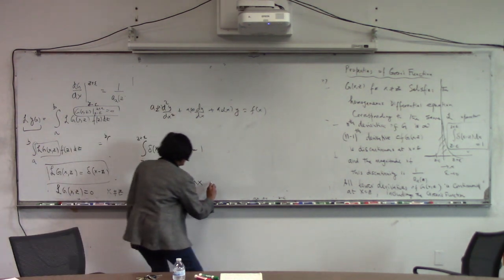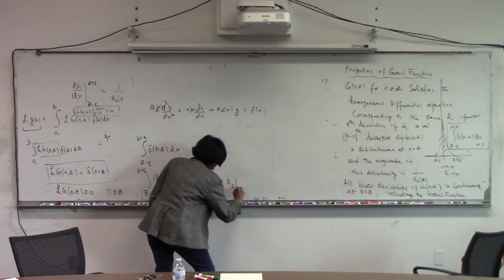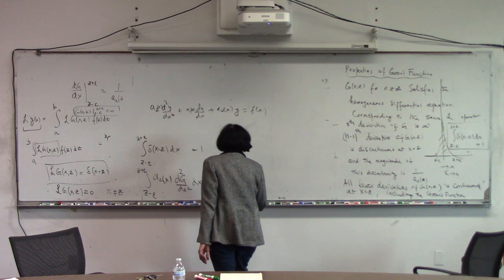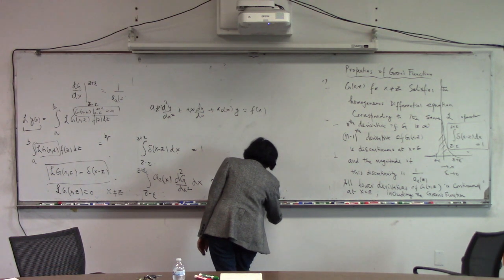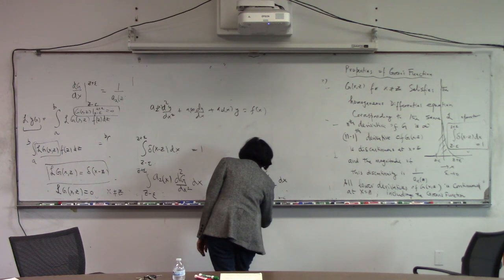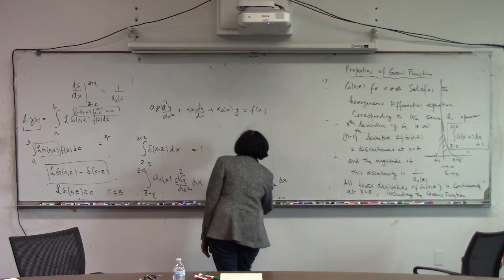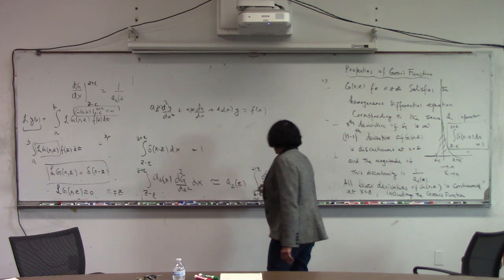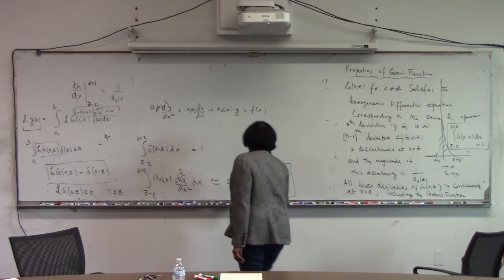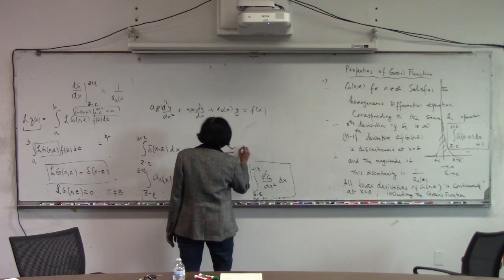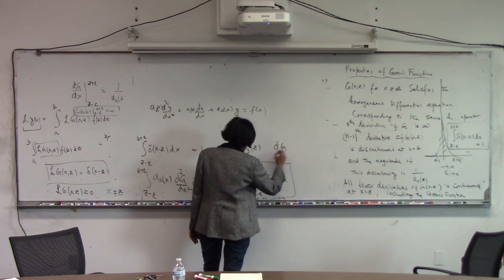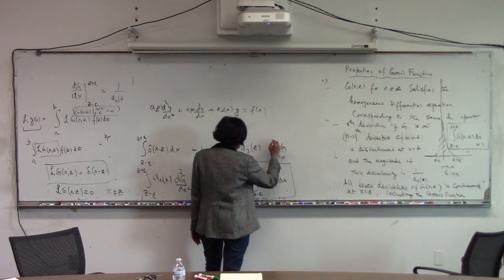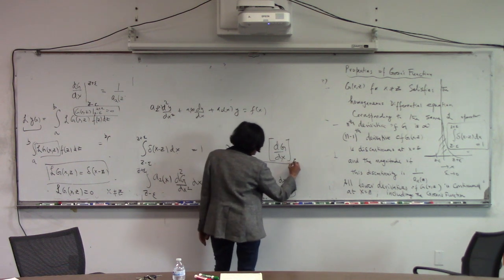So I'm approximating this integral as a2(z) times the integral of d squared g over dx squared dx, which is the first derivative. So the discontinuity is on this first derivative, that is nothing but dg over dx. That you have to evaluate.